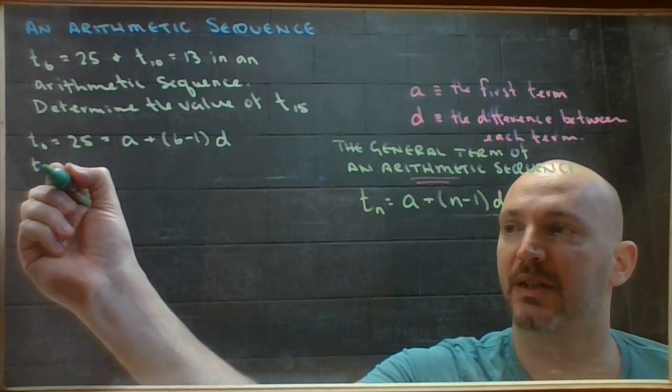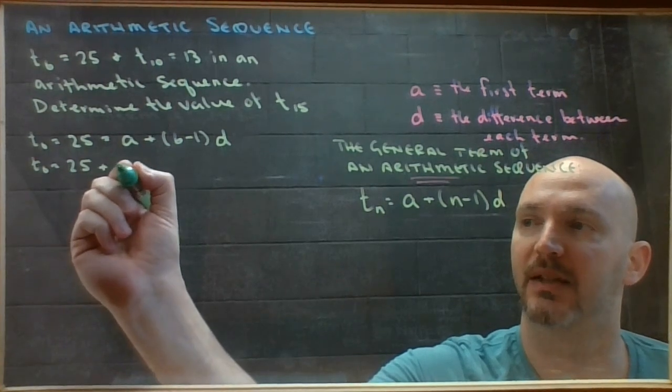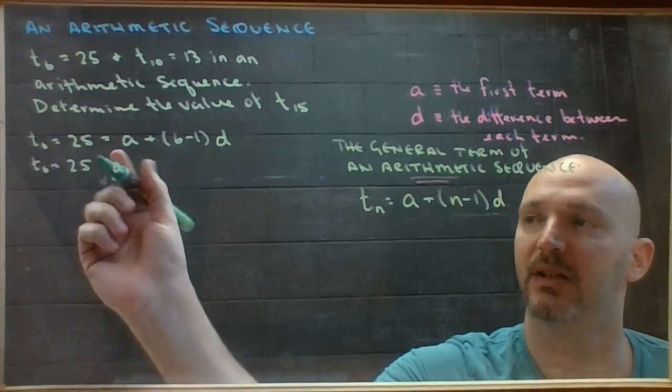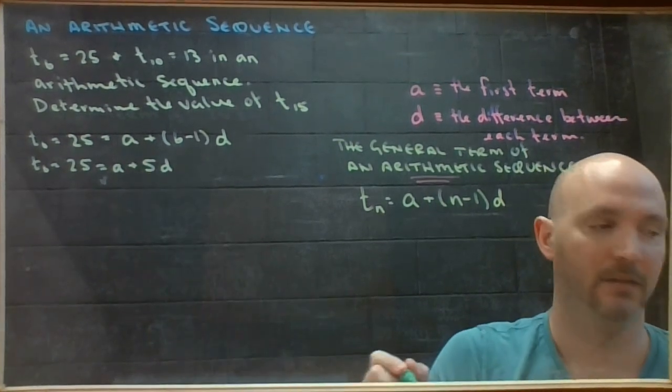That means that term 6 is 25 equals A plus 5D.